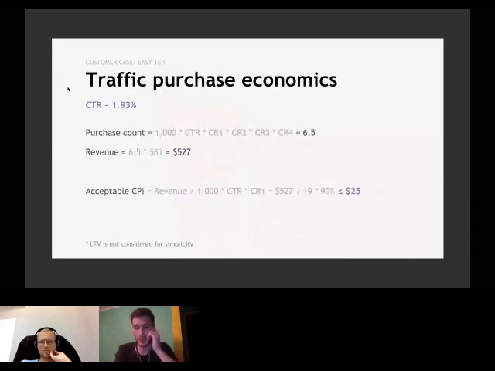So this is just a simple formula. The guys are calculating their acceptable cost per acquisition. So in this case, they've come up with a value of $25. Remember, we went through the cases before.